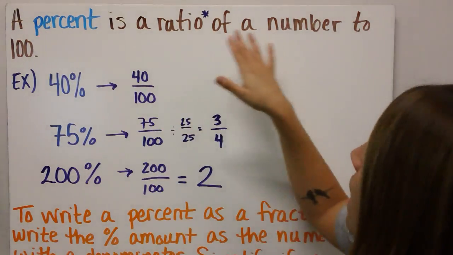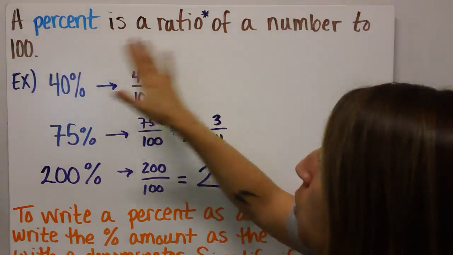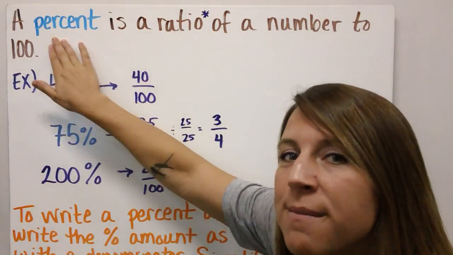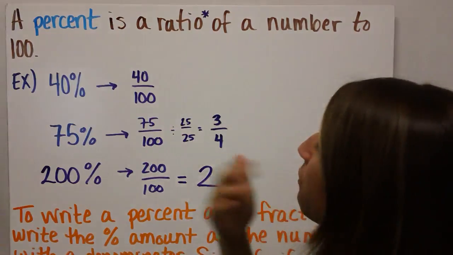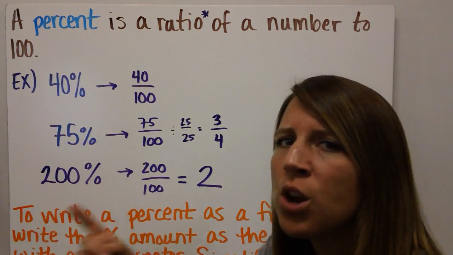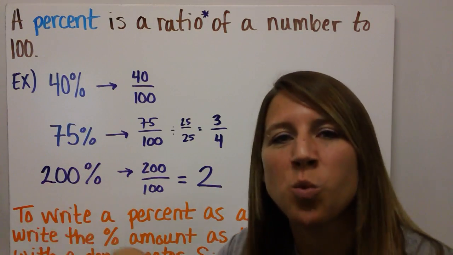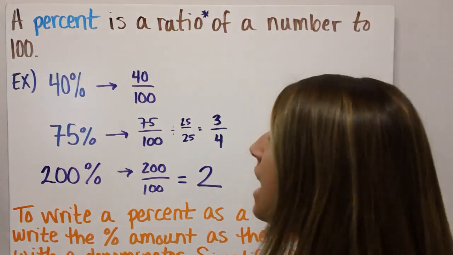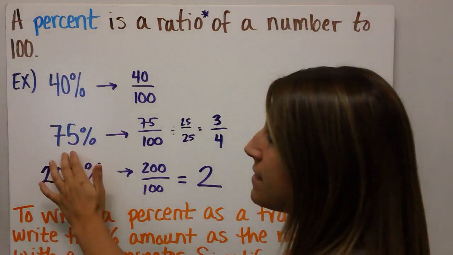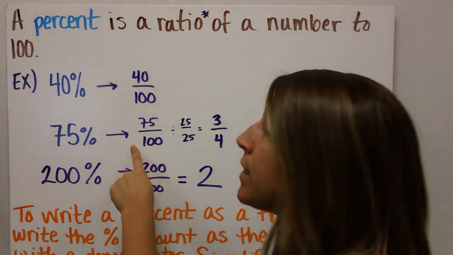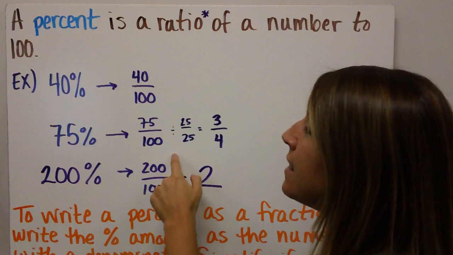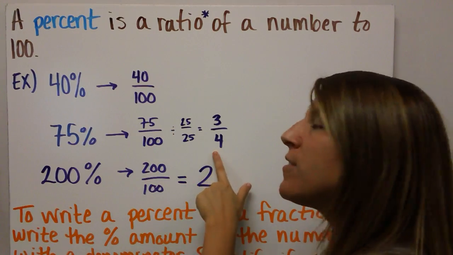It's a comparison of a number to 100, by division. So if we come back to 75% here, we know that 25% is 1/4 as a fraction. I wanted to show you here that because I can write 75% as 75 hundredths, if I simplify 75 hundredths, that to me is 3/4.